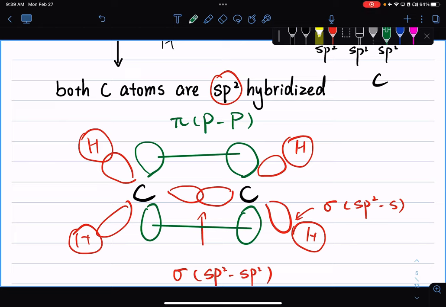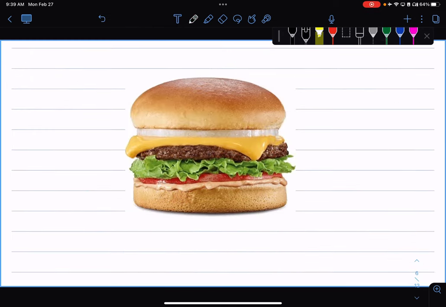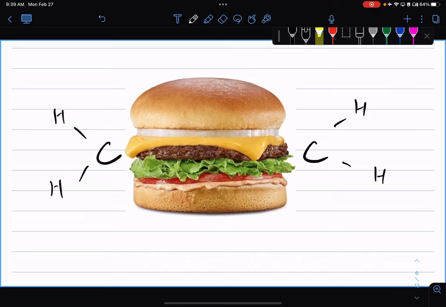All right, let me finish in one quick sentence. The other way to think about it, I always like to add a little cartoon: imagine this is a burger, right? That's where your carbon is. And at the end, we have some hydrogen, CH bond; we don't care that much. But if we're just focusing on the carbon-carbon bonds, in the center, that entire beef patty demonstrates your sp2-sp2 interaction to form that sigma bond.